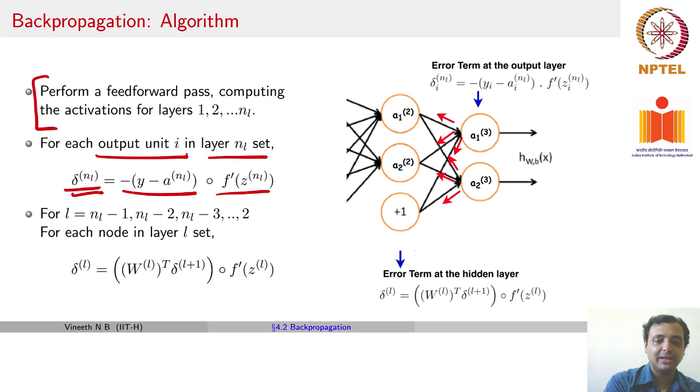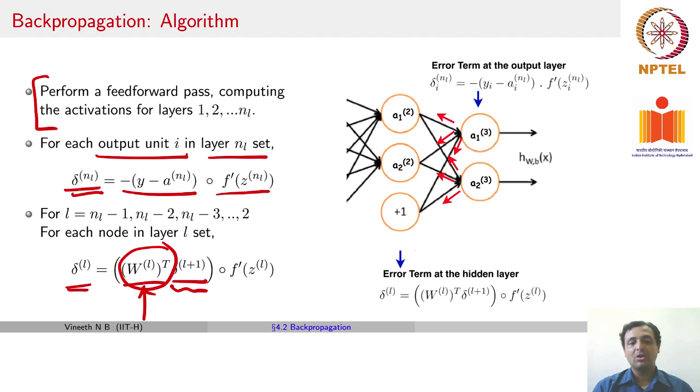And then for the previous layers, each delta^l can be written as W^l transpose times delta^{l+1}. Remember, now we have written this as a matrix, and that's why the summation disappeared. This W^l transpose matrix times the delta^{l+1} vector would give you the summation that we talked about on the earlier slide.